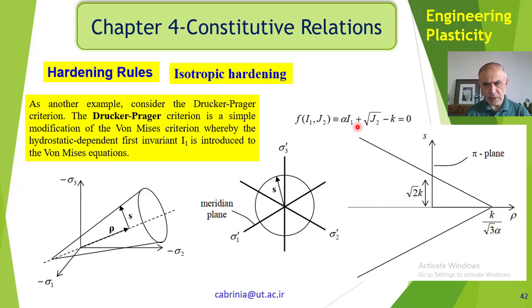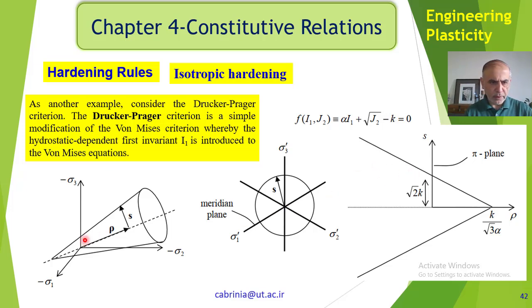So this is again used for soils and powder metallurgy and this kind of thing, and we use this alpha parameter here with I1, showing that this is dependent on hydrostatic pressure.